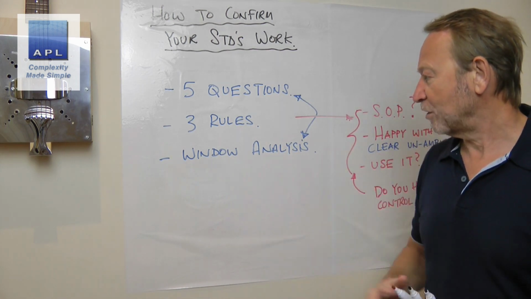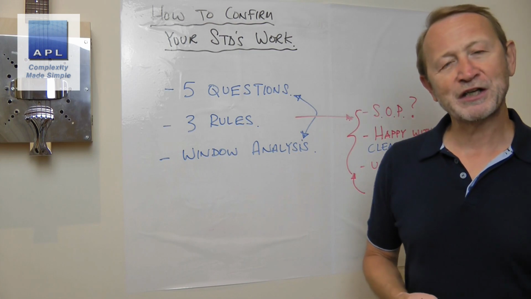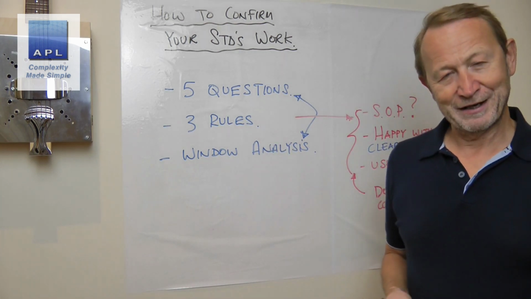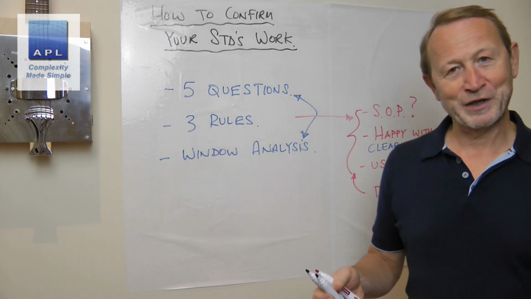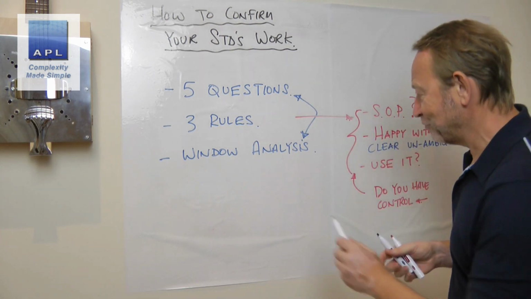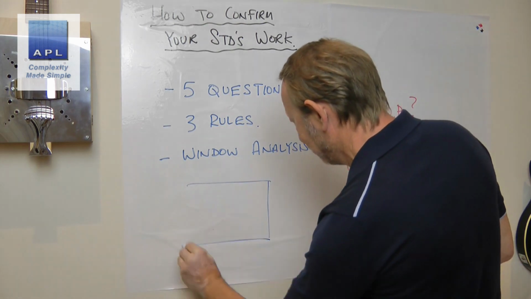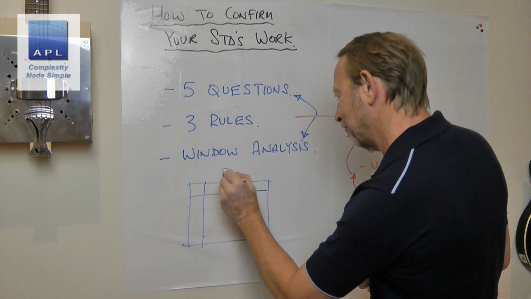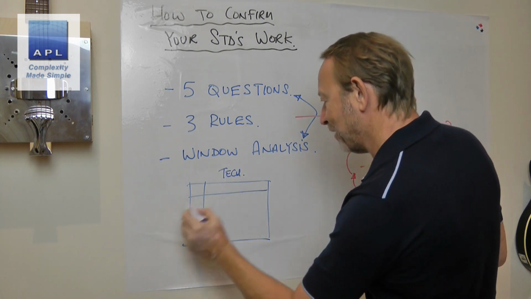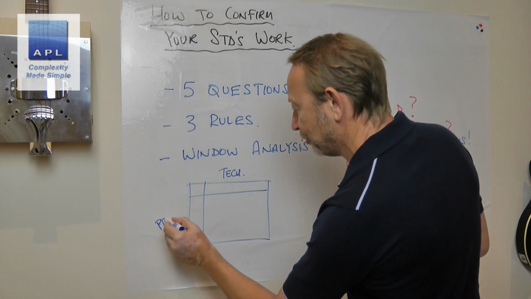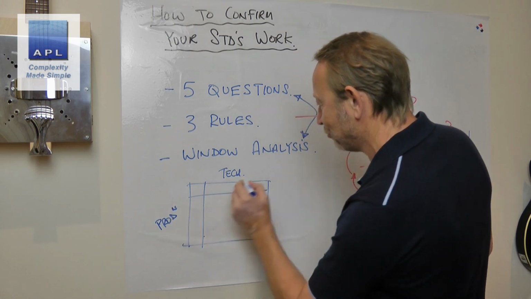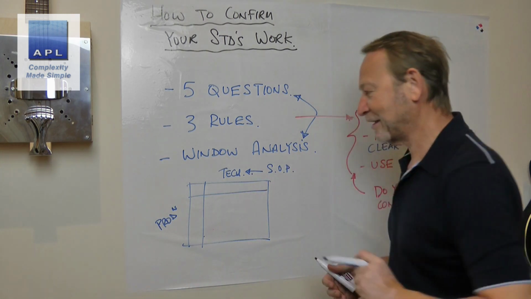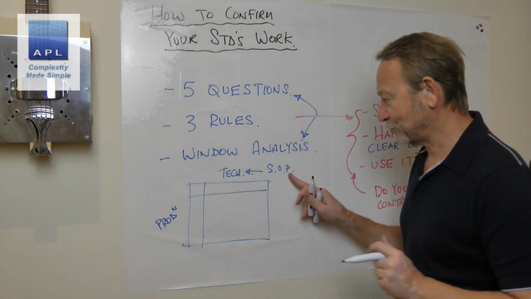And finally, the last one, a little bit more technical. This is one I learned when I was at Sony, and it was something called window analysis. The reason it was called window analysis is because they give you a little table. We're going to have a look at it in a second, and you've sort of got 2 levels. I think you've got the technical aspect and you've got the production aspect, because of course the technical people typically are going to set the standard operating procedure.